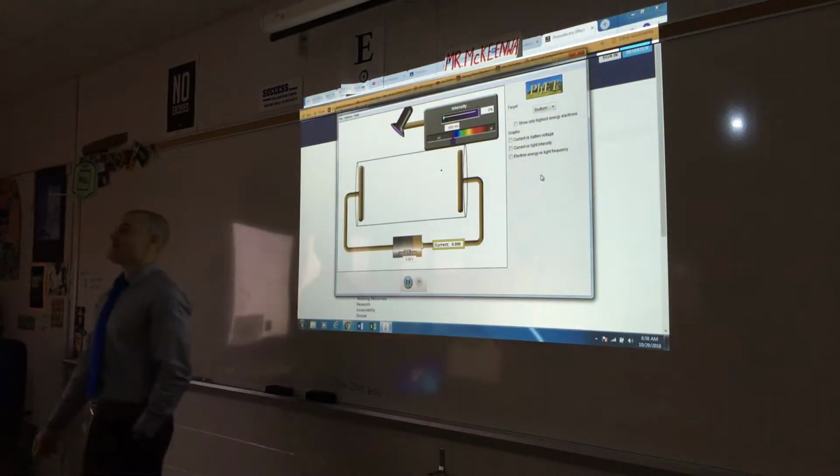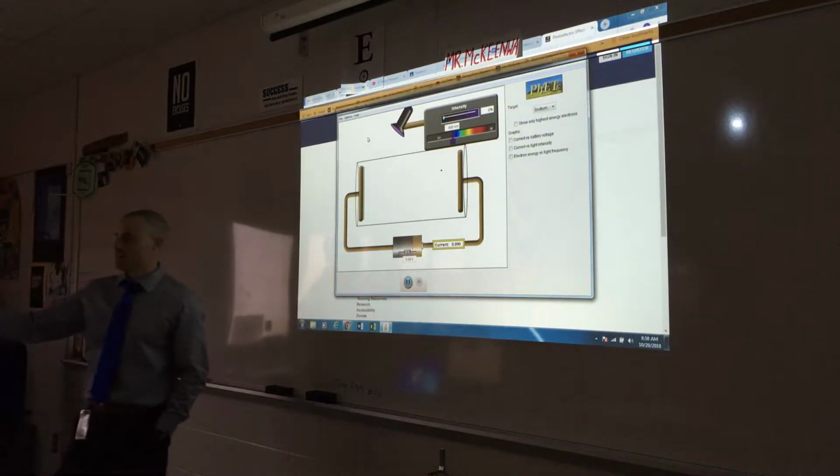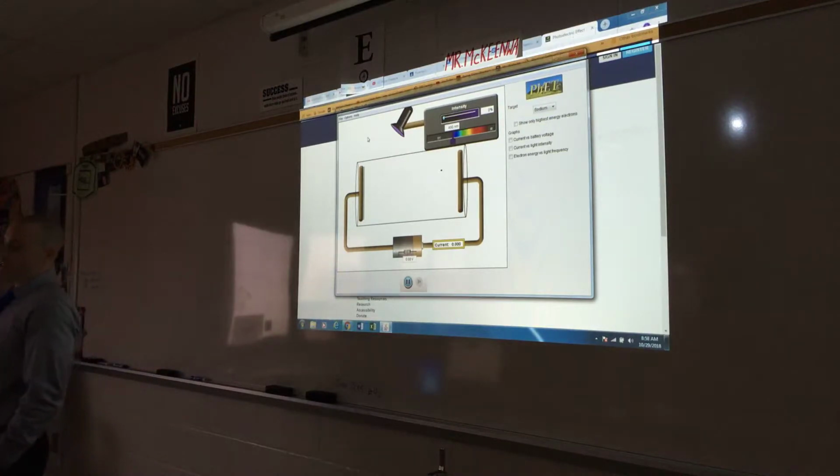The photoelectric effect is when light is shined on a piece of metal. If it's a proper frequency and intensity, electrons will be ejected off of that metal. That is the photoelectric effect. For example here, this is sodium, we're going to turn up the intensity, and we're going to use 403 nanometers.